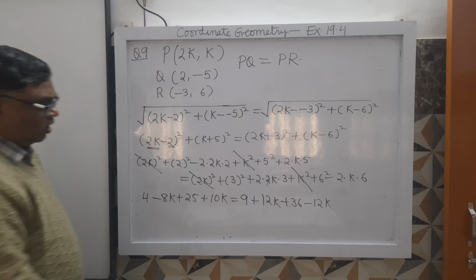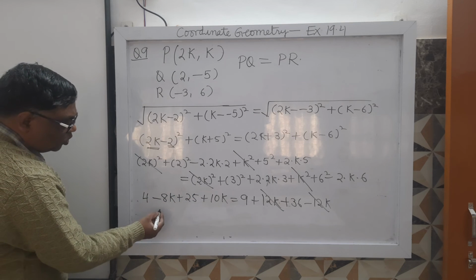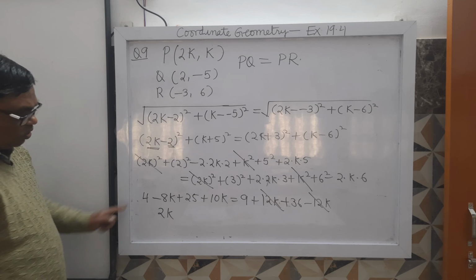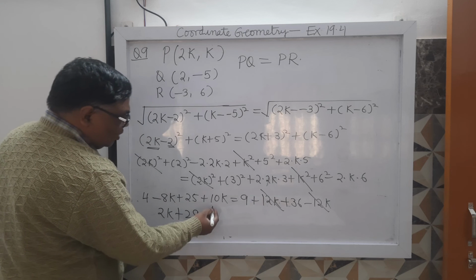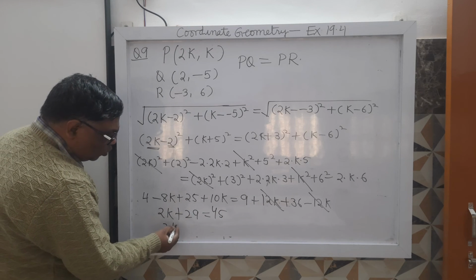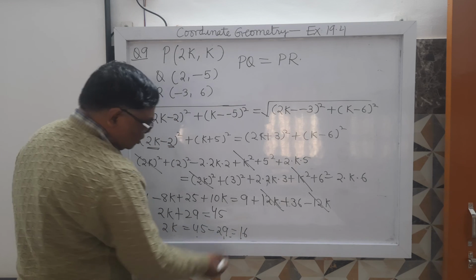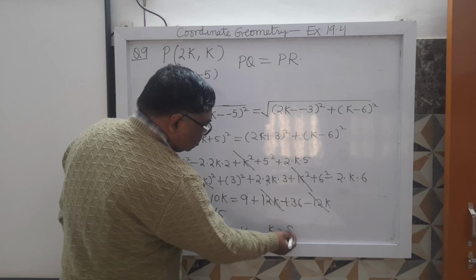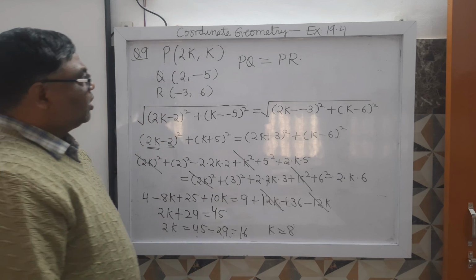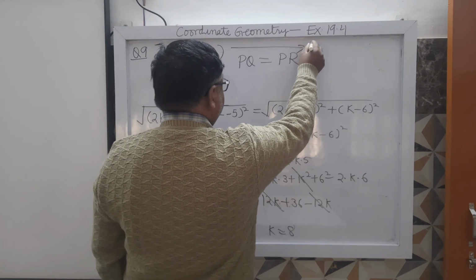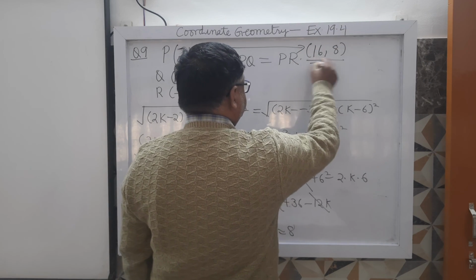So see here, 12k and 12k become 0, minus 8k plus 10k, so it is 2k. 25 plus 4, 29, equals 36 plus 9, 45. So what is 2k? 45 minus 29, so it is 16. So what is k? k equals 8. Therefore, what will be the coordinate? Coordinate of the point will be 2k, that is 2 into 8, 16, comma 8. This will be the answer.